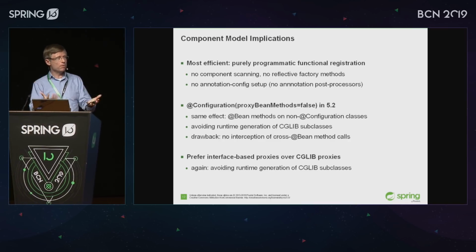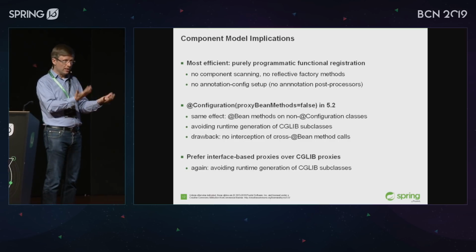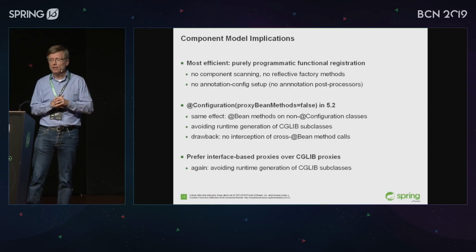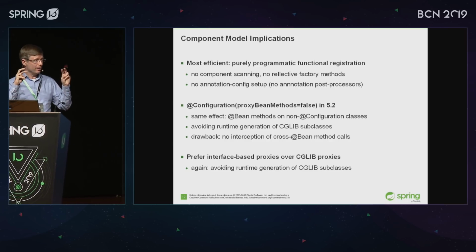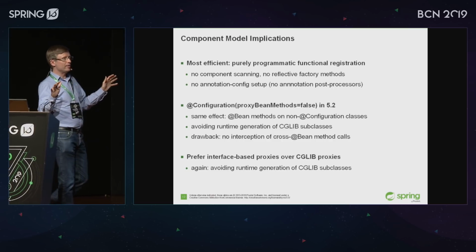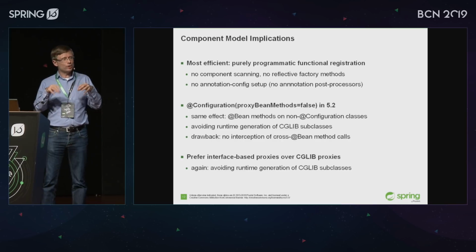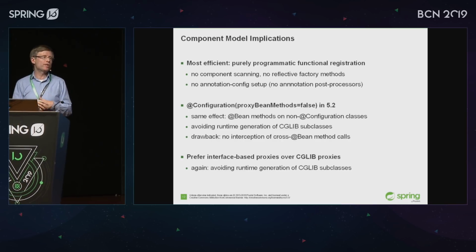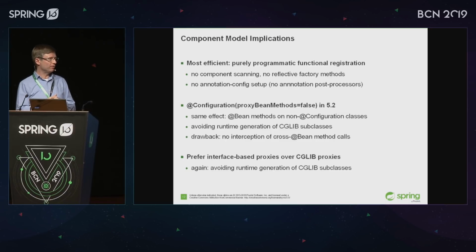Along a similar line, you may choose to use interface-based proxies. If you design your components to be decorated through interfaces, like service interfaces, with no need for the framework to create a target class proxy, as it's called. This simply means that we don't need to create the CGLIB subclasses on startup. We can use the JDK's own java.lang.reflect proxy facility instead, as long as your proxies only expose interfaces.